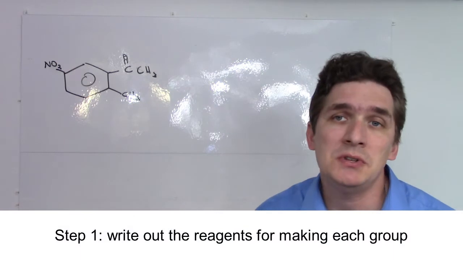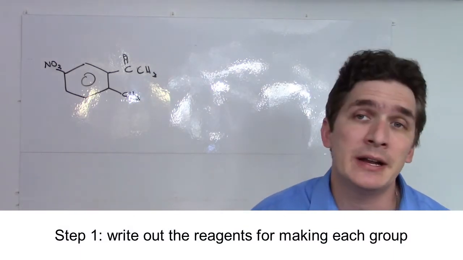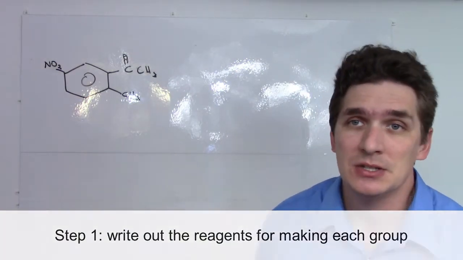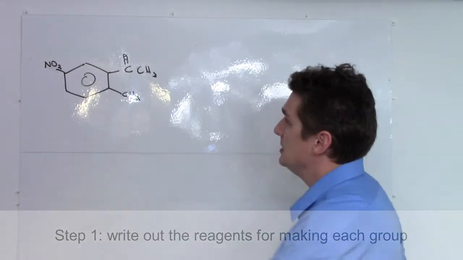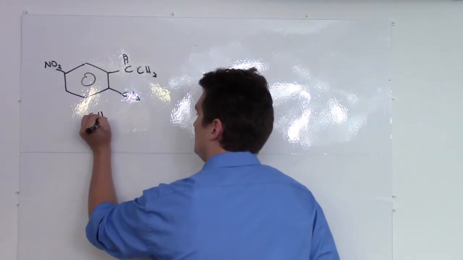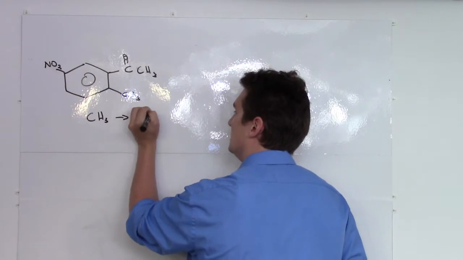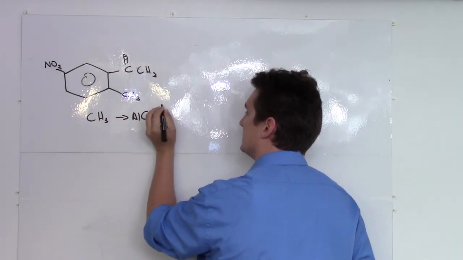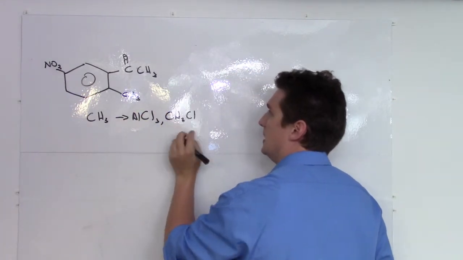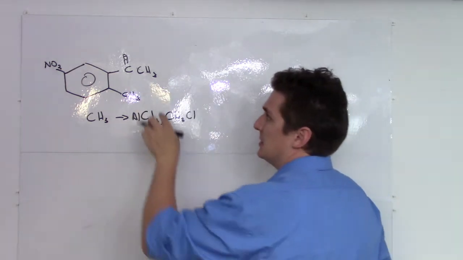So first thing you need to do with any type of problem like this is write out how you would just add the individual reagents. So go ahead and get that out of the way, it's the easiest. So we can get our methyl group using Friedel-Crafts alkylation. And we can do the same thing in terms of getting our ketone group.